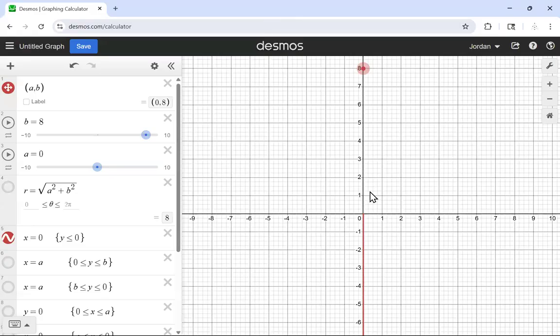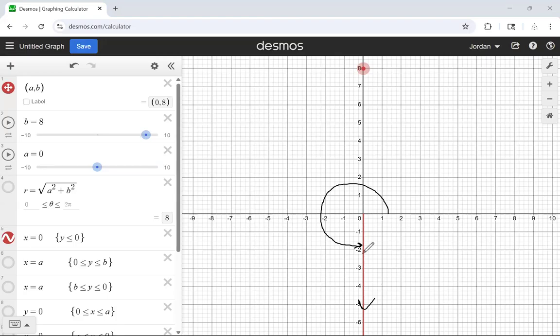So the angle here is 3 pi over 2. If you think about 3 pi over 2 as an angle, and again, rotating around a circle, we get this ray that's pointing down.